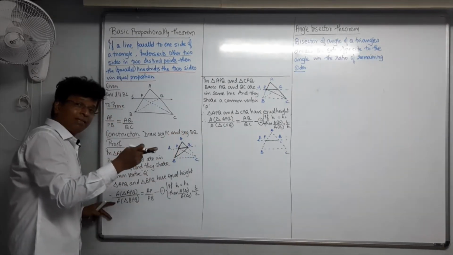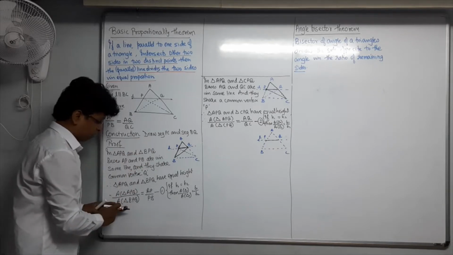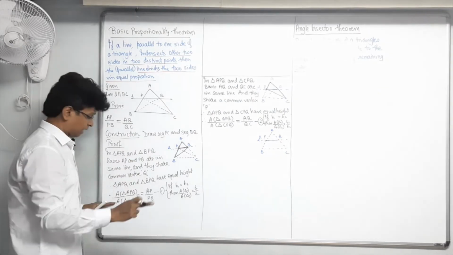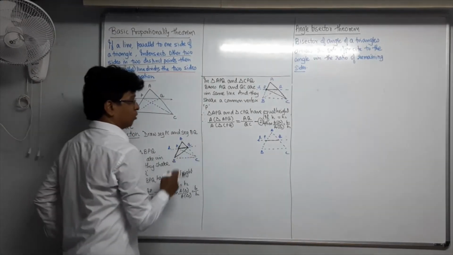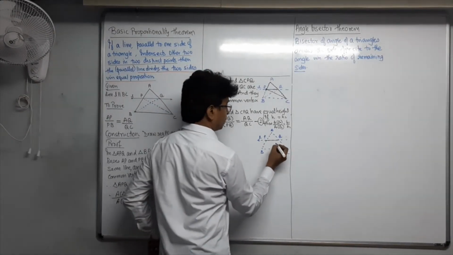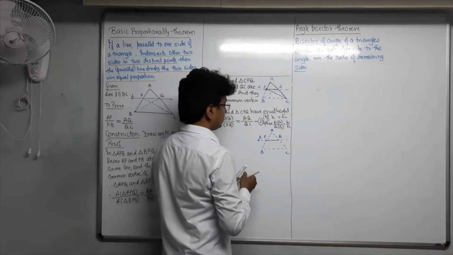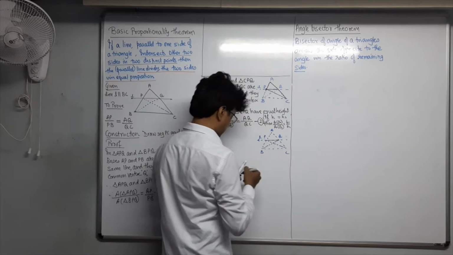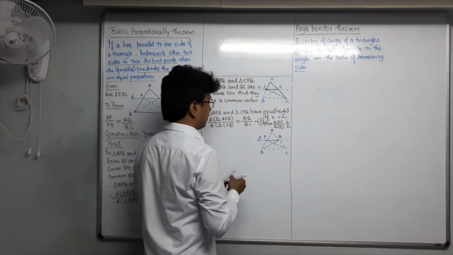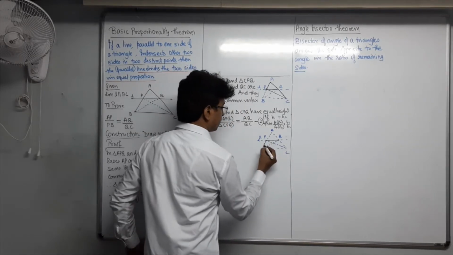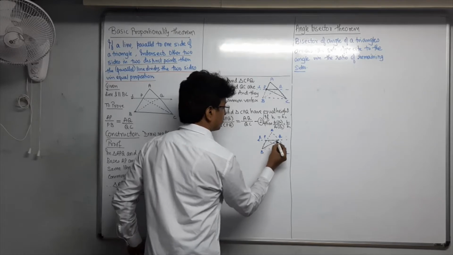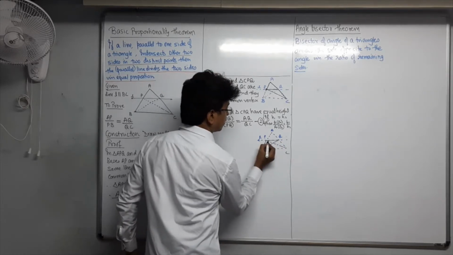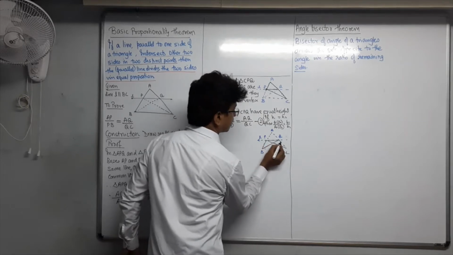Now you have to get the ratio of areas of triangles BPQ and CPQ. So for that what I will have to do, see my dear students, BPQ is this, fine, and CPQ is this.